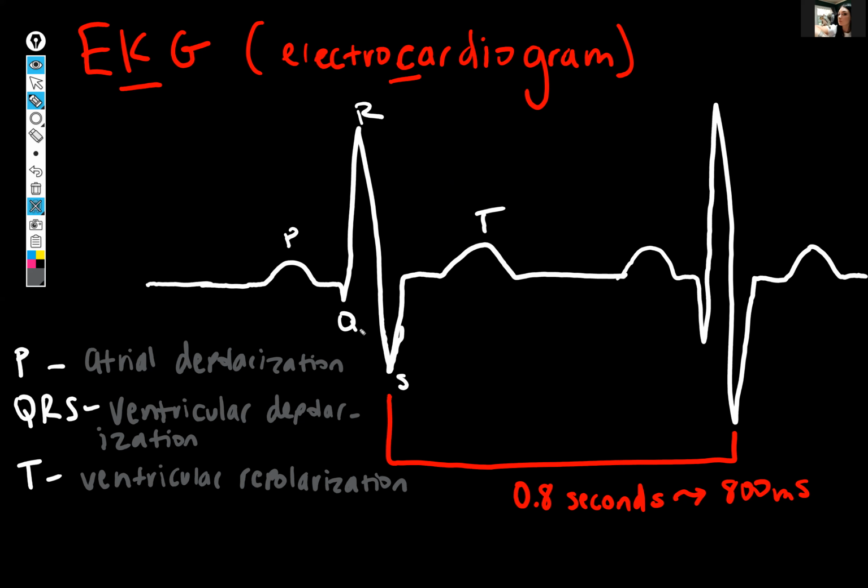So traveling through the bundle of His, just here, and then depolarizing all of the Purkinje fibers all the way up. So that's the reason for that. But the QRS complex can really be condensed into the events of ventricular depolarization. And then we have ventricular repolarization, so re, not D, in the T wave.